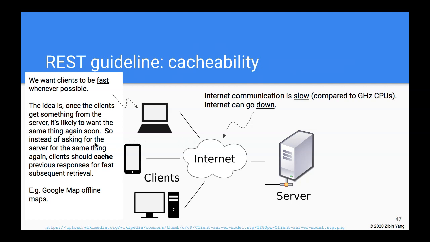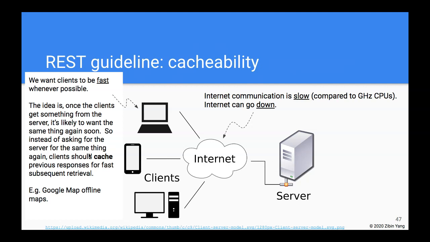So instead of going out to the internet every time to fetch the same thing over and over, once we retrieve that thing, we can keep it on these client devices in something called a cache, so that subsequently, if we want the same thing, we don't have to go out to the internet to fetch it again.